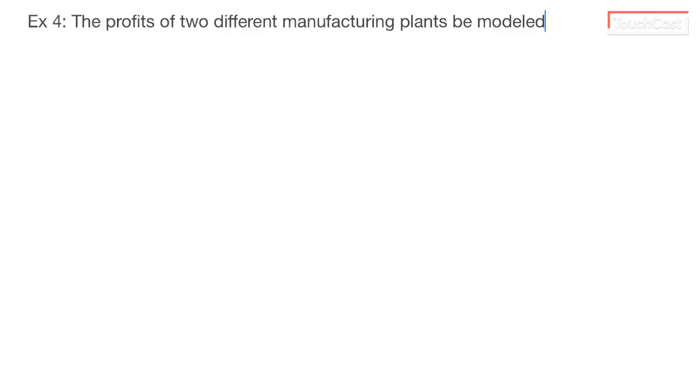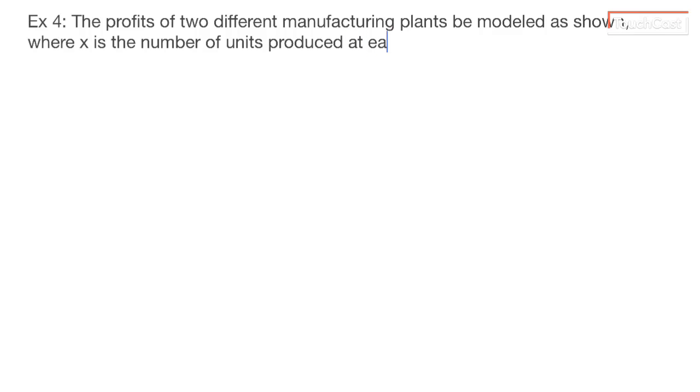The profits of two different manufacturing plants can be modeled as shown, and I'm going to give you the equations in a second, but I'm going to give you some more information first, where x is the number of units produced at each plant.